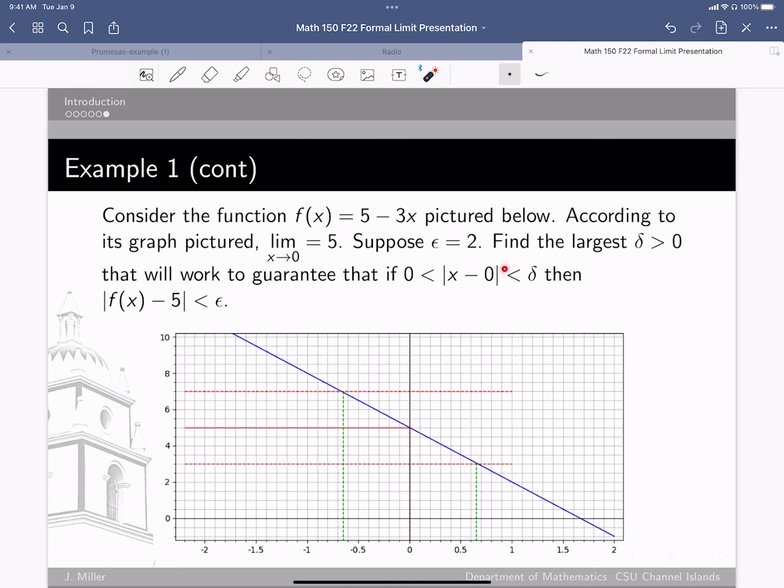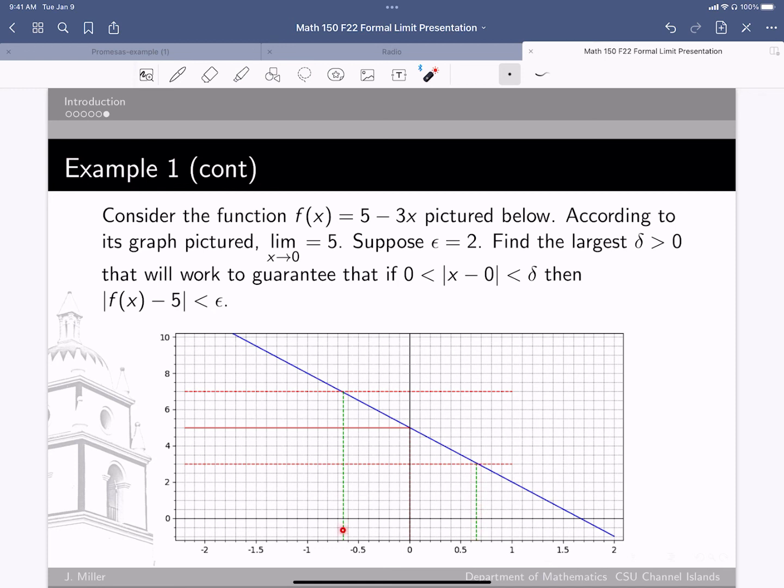Now we want to find a single delta that gives us the distance from 0 in this case. How far out can we go in our interval? In this example, you'll notice that this half width here and this half width look about the same. Looking at the tick marks on the x-axis, this x value where the vertical green dotted line is looks like it's at about 0.65.